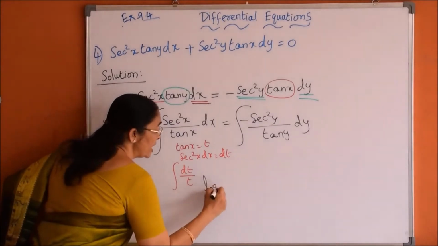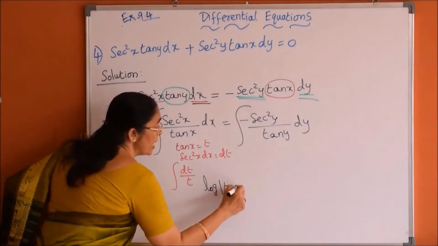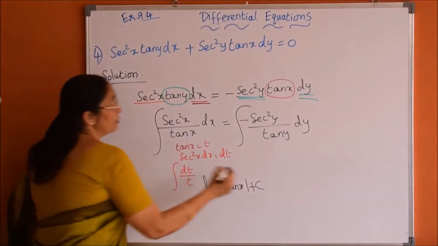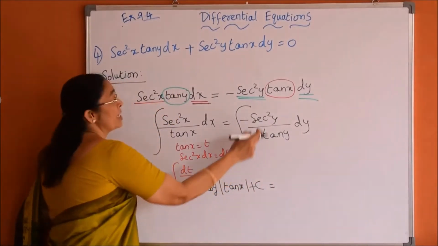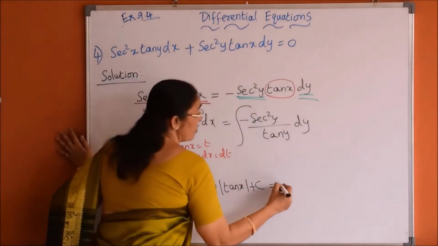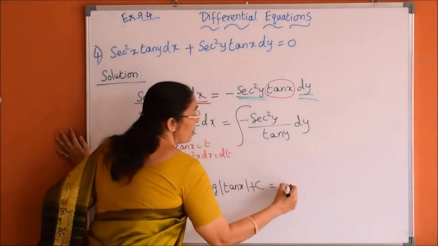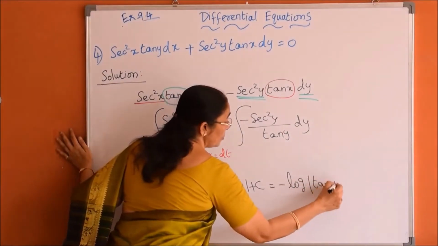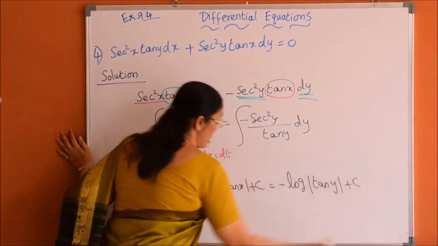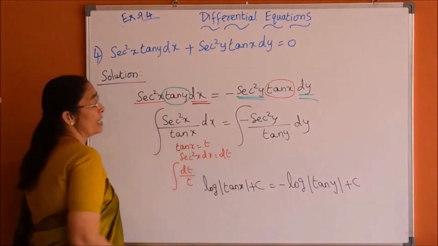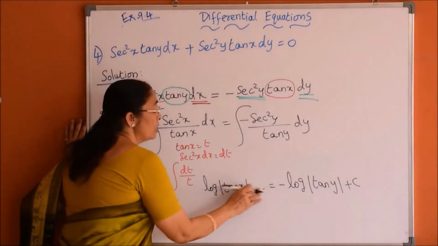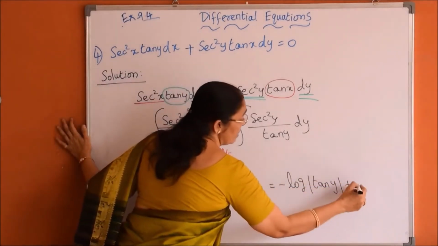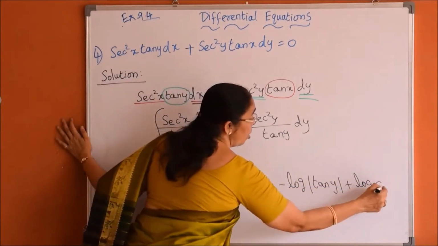So left hand side is log mod tan x plus c. Coming to the right hand side, same, the only difference is it is the y variable. And the negative sign is there, minus log mod tan y plus c. Since log is there everywhere, we can consider even the constant term as log c. So on one side I will write this one as log c.